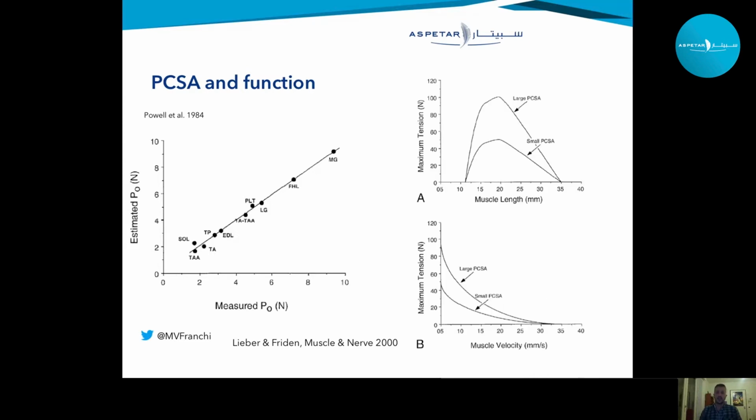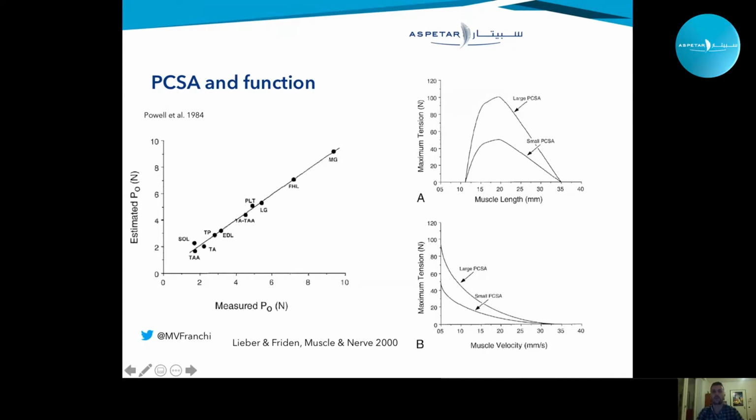And to appreciate what physiological cross-sectional area does to the two main relationships that we can observe in skeletal muscle, the force-length relationship and the force-velocity relationship, let's assume that we have two muscles with similar fascicle length, similar pennation angle, similar distribution of fiber type, and similar output of force per muscle unit, but different PCSA.